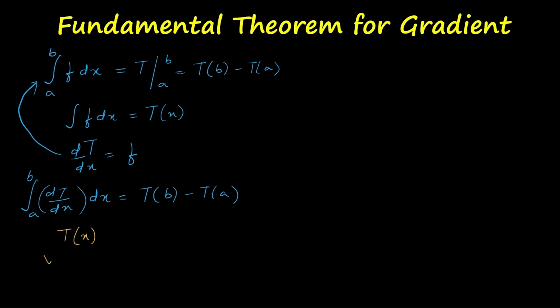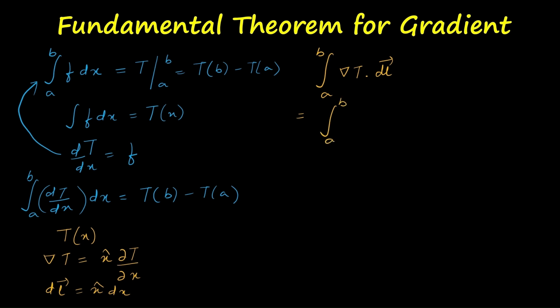So if I want to find the gradient of T, then it will be x cap times the partial derivative of T with respect to x. And my dl element will be x cap dx. Now let us try to evaluate this integration: from a to b, the gradient of T dot dl vector. So if we substitute, we have a to b, the two limits.